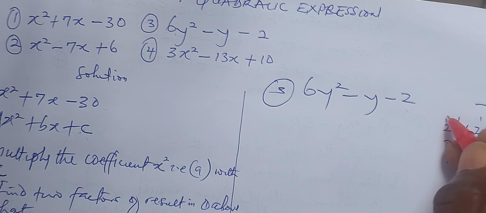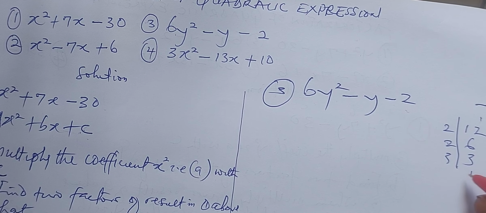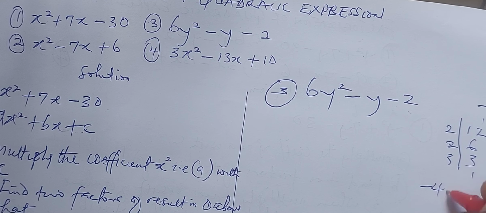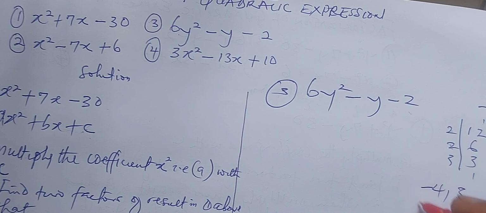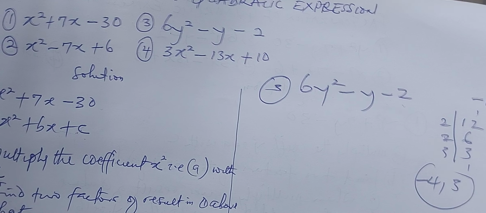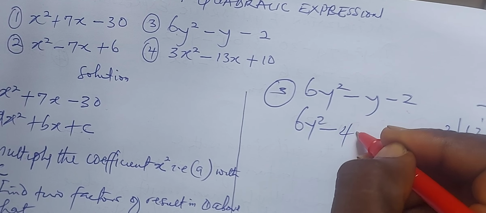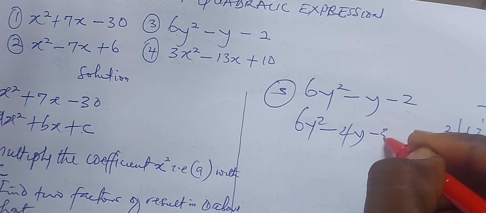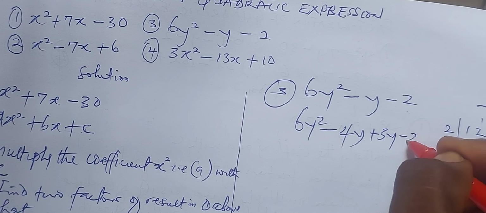So what we do, you can pair them, because here it is only minus 1 we are looking for when we add the two factors. So we have minus 4, 2 times 2, add 4, 3. Okay, so this will work. So we have 6y squared minus 4y plus 3y minus 2.